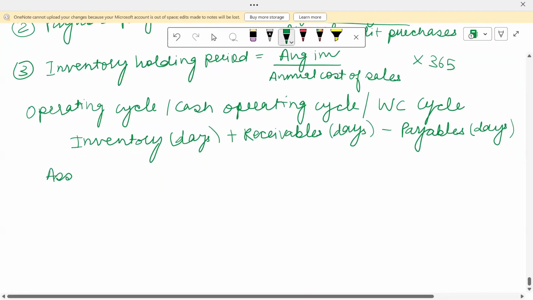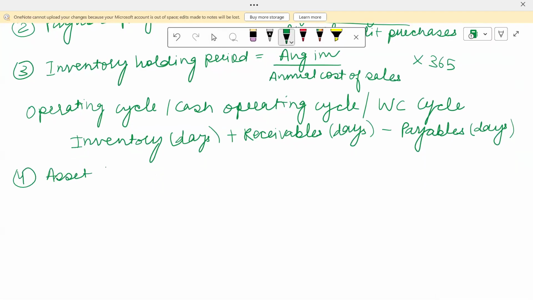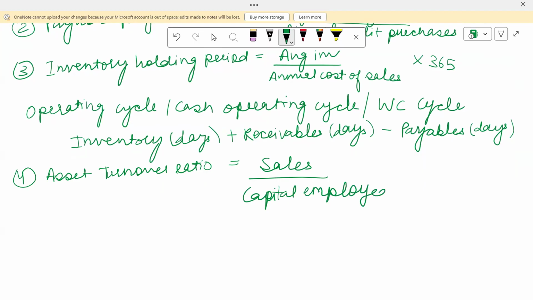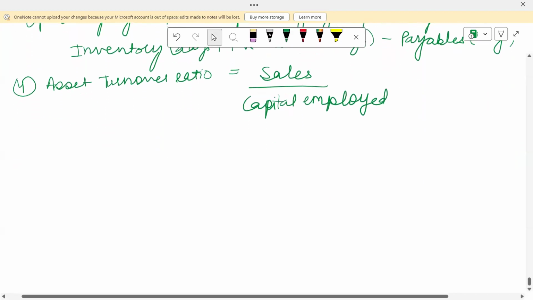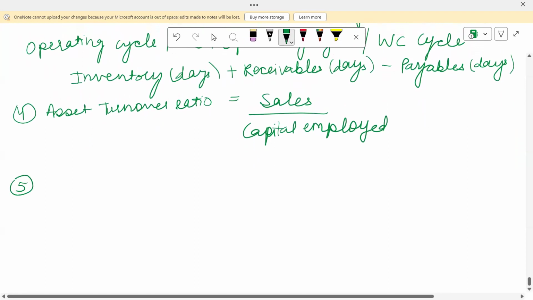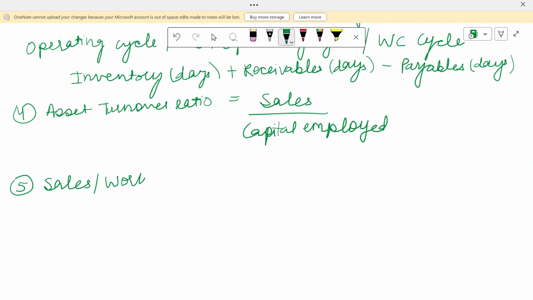The next formula that we learn is the asset turnover ratio. This is equal to your sales divided by capital employed. And then the last one in this category is the sales to working capital ratio.